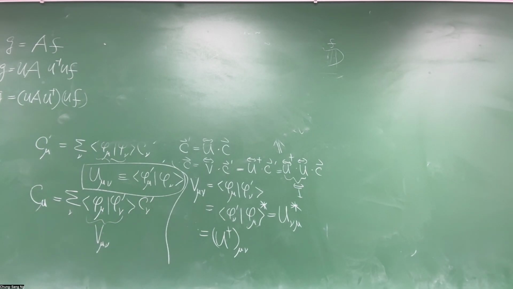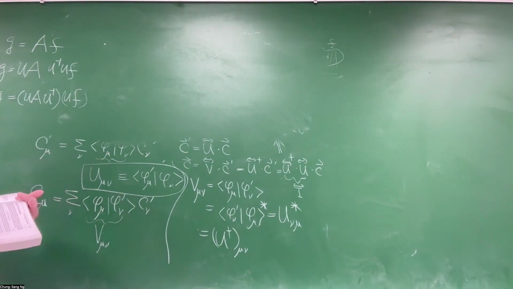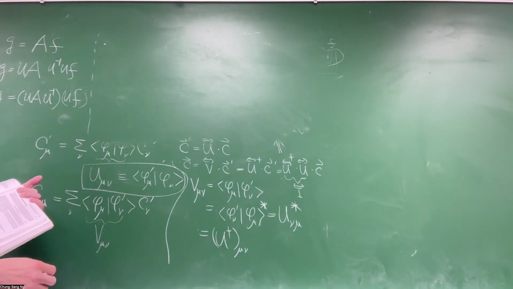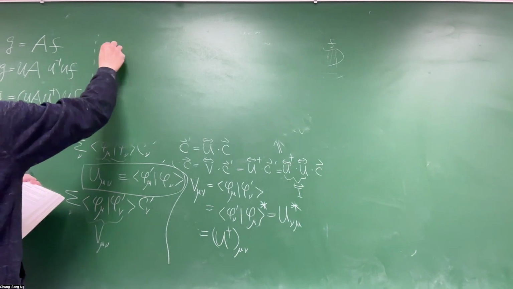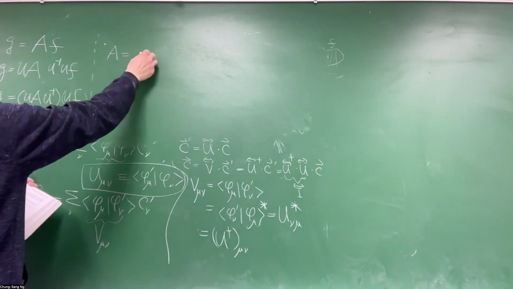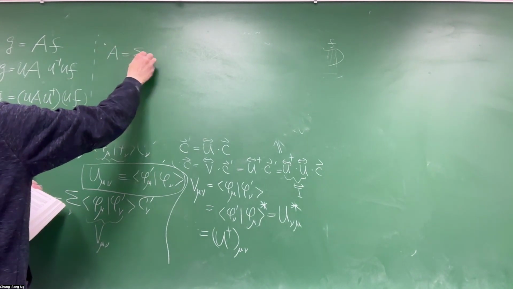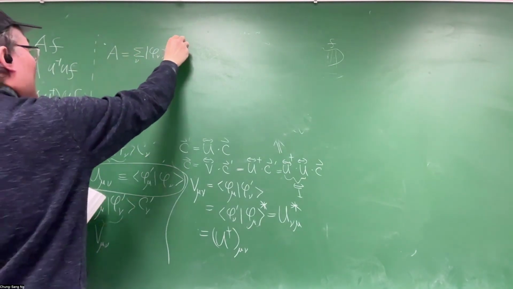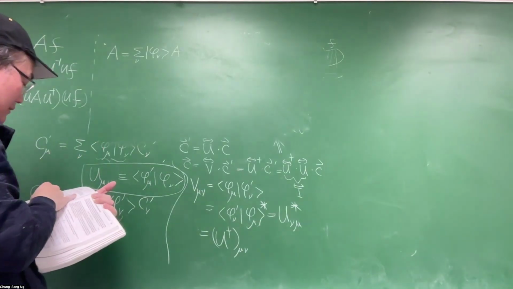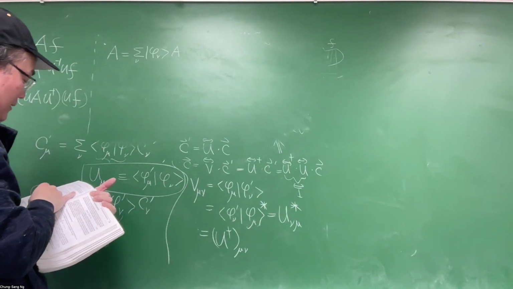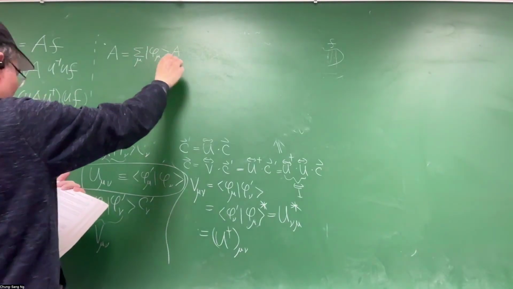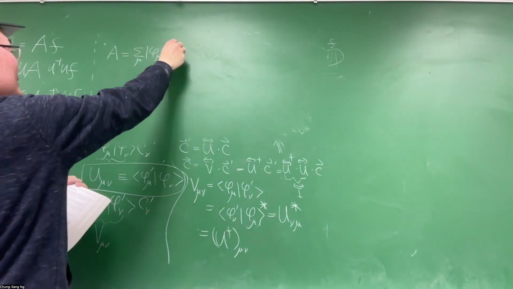So that's how you do it. And you can also use the Dirac expression, just like what the textbook did. So A in the old basis is the sum over mu and nu of A mu nu. Actually, the textbook used mu and nu, and this time I used nu mu.